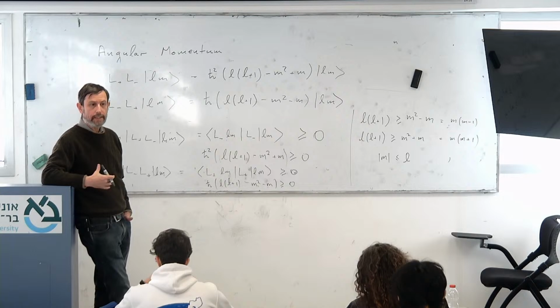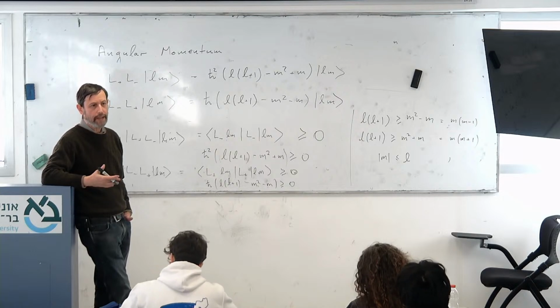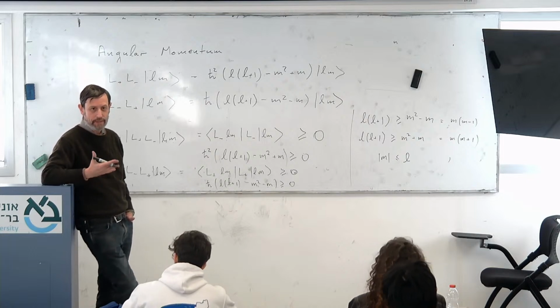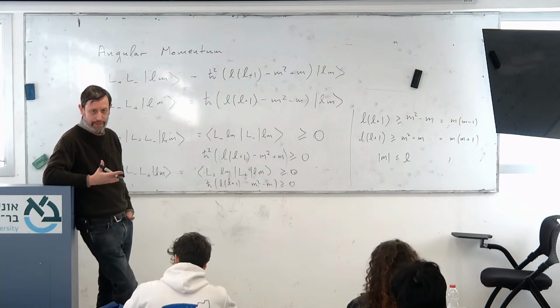So we see that a lot of the structure of the hydrogen atom is not unique to the hydrogen atom. It just comes from the fact that we're dealing here with a central potential.